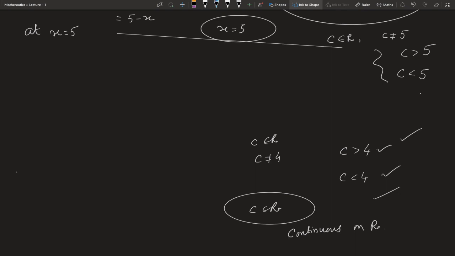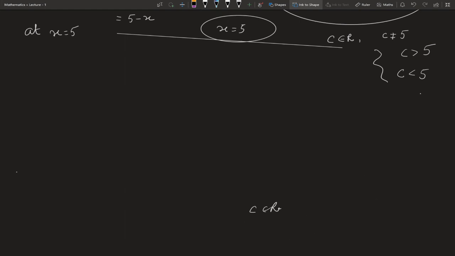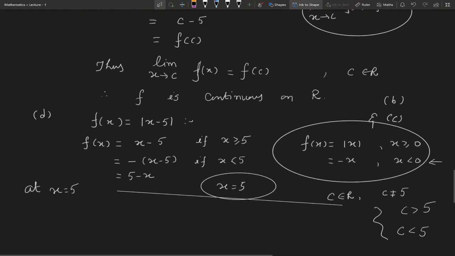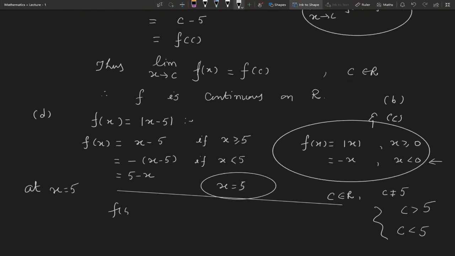Then we will consider c belongs to R with c not equal to 5, and take two cases, c greater than 5 and c less than 5. First, f of 5: take x equal to 5, from the definition mod 5 minus 5 equals 0, say result number 1.